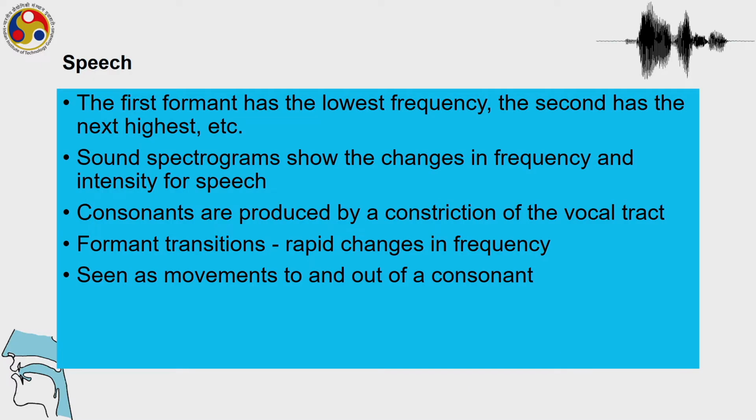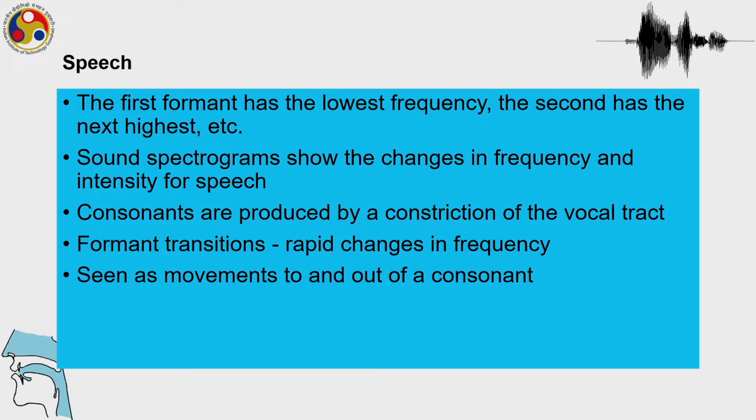The first formant has the lowest frequency, and then the second, and so on. There are many formants whenever there is some fundamental frequency. Sound spectrograms show the changes in frequency and intensity for speech. Consonants are produced by constriction at any part of the vocal tract, and formant changes are rapid changes in frequency, seen as movements to and out of a consonant.